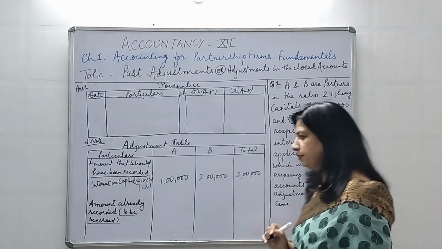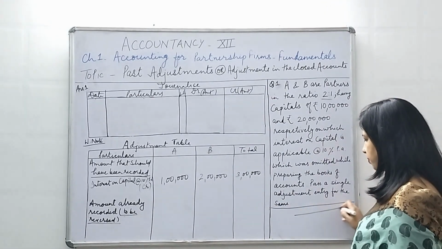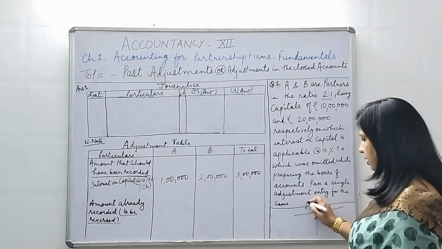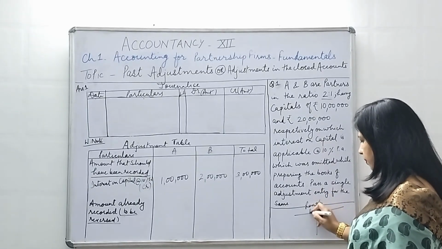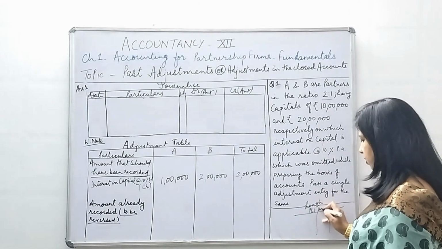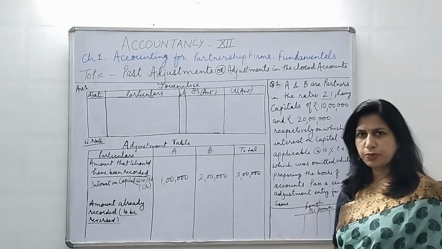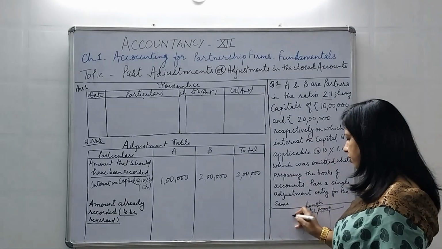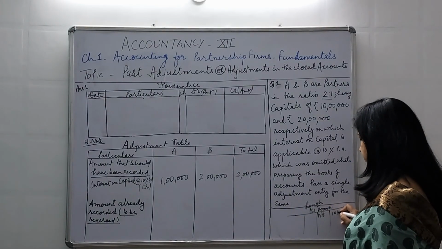Okay. So let me make a very small profit and loss appropriation account for you in the rough column. Profit and loss appropriation account, children. Why is it prepared? It is prepared to distribute the profits, right? To find out the divisible profit. So it starts with the total profit of the year.